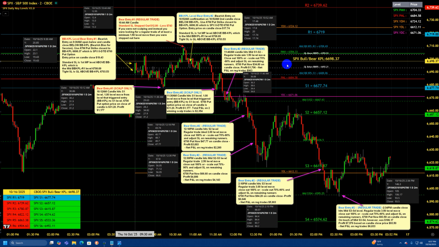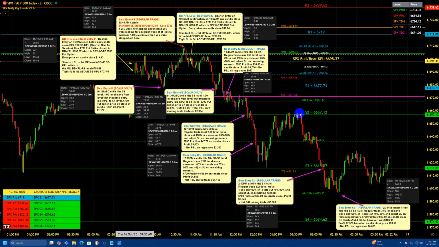Conversely, if you had a bullish entry signal and the trade level that you were trading from was the bull bear KPL, then in the case of a bullish trade, your standard stop loss is going to be the first midpoint level below the level you're trading, the bull bear KPL. And that works the same with other levels as well.